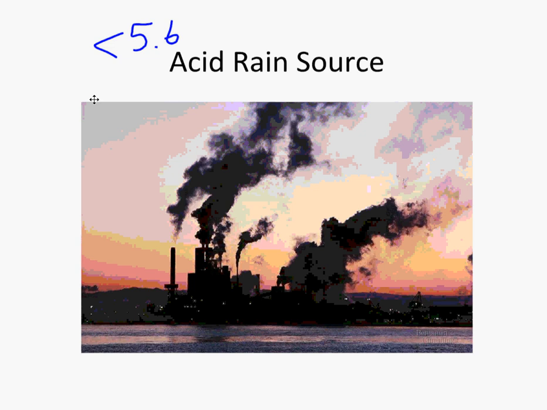And so normally you see this with sulfur oxide, nitrous oxide, these things that are created by industry and the burning of fossil fuels. They can create sulfuric acid, nitric acid, two very strong acids that are not good for plants. They're not good for structures built by us. Now you don't get the idea of people running around with melting flesh or anything like that, but it does create some environmental issues.